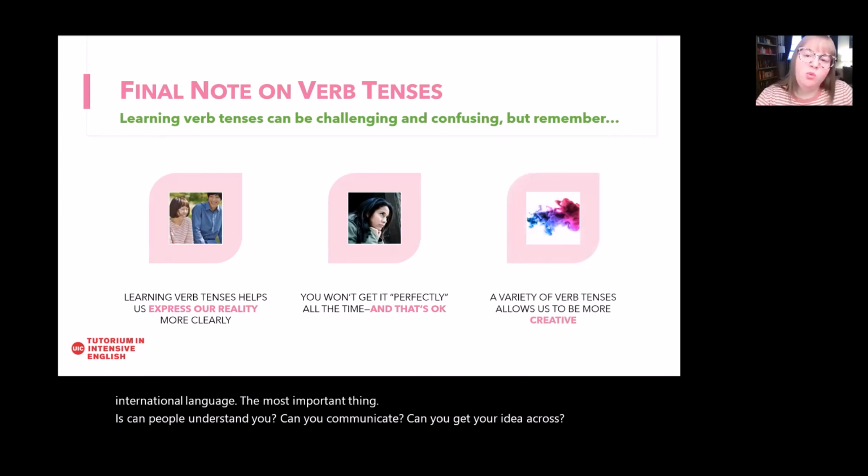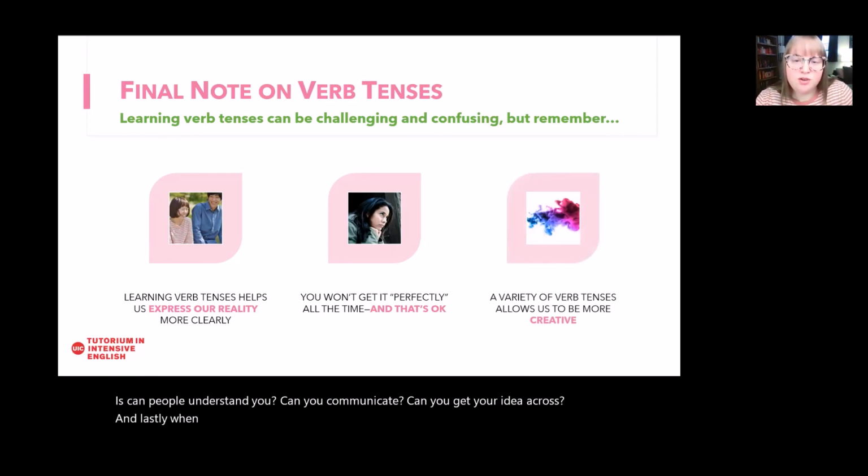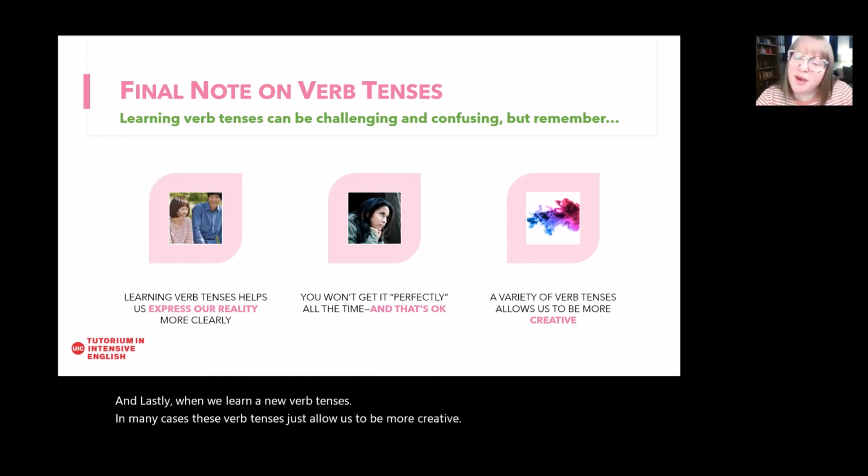And lastly, when we learn new verb tenses, in many cases, these verb tenses just allow us to be more creative. So for example, the past continuous in many cases is really not very different from the simple past.